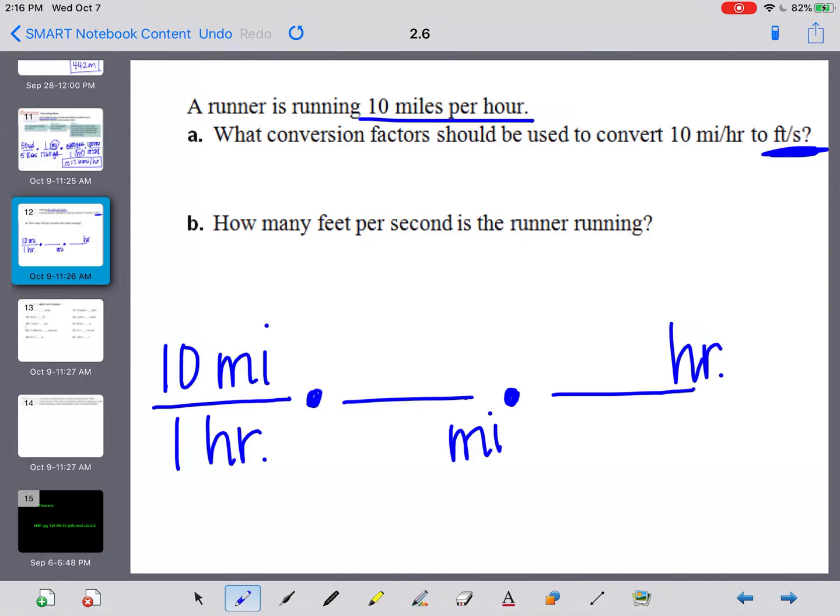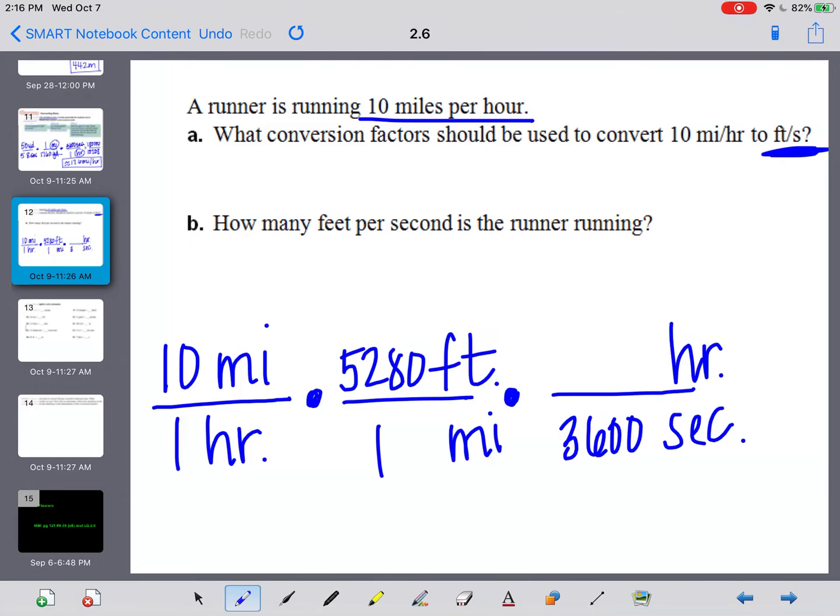My miles need to cancel out, so I have to have them diagonally across from each other, and my hours have to cancel out, so those have to be diagonally across. And our new units are going to be feet per second. Miles and feet both measure distance, so those go together, and hours and seconds both measure time, so those will go together.